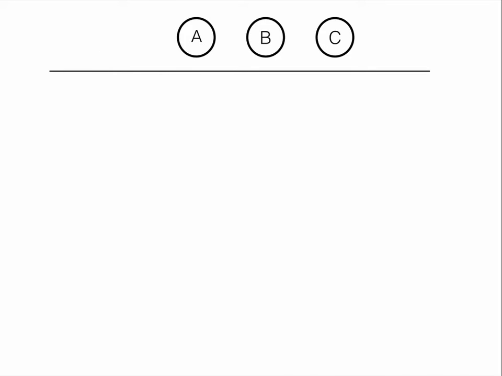You can easily check that those 6 arrangements are what we get using a simple tree diagram.